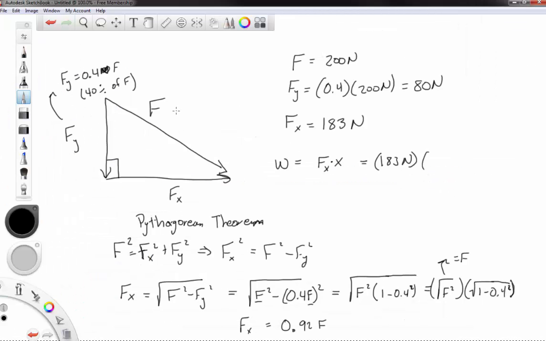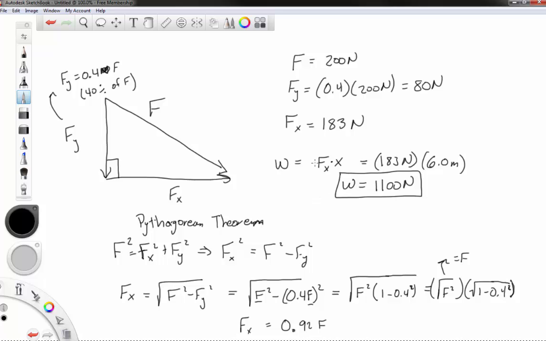So we have 183 times 6.0 meters. Therefore, the amount of work done should in fact be 1099.8. So we'll just call that 1100. So that is the actual amount of work that is done in this problem.